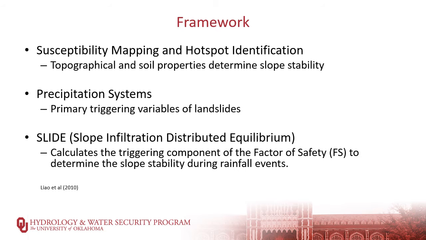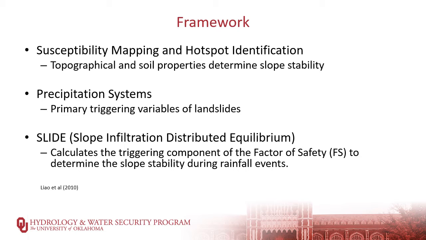As mentioned in the previous slide, there are three major components to the framework of this warning system. The first one being susceptibility mapping and hotspot identification. And this is basically topographical and soil properties to determine slope stability.